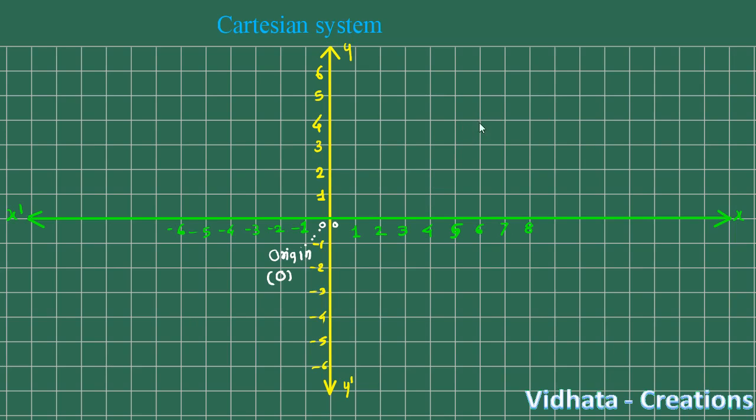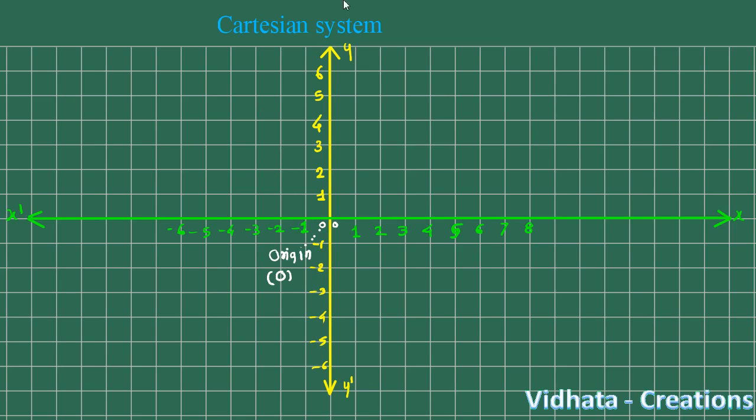On that graph we have taken two perpendicular axes. For what purpose? These two perpendicular axes are taken as a reference. With respect to these two axes, if any point is on this plane, you will be able to tell its position.